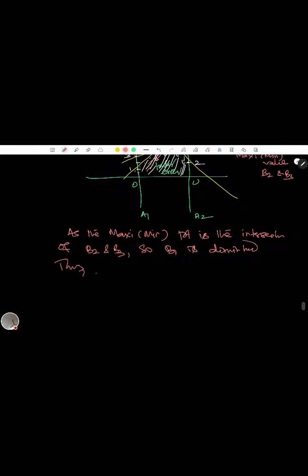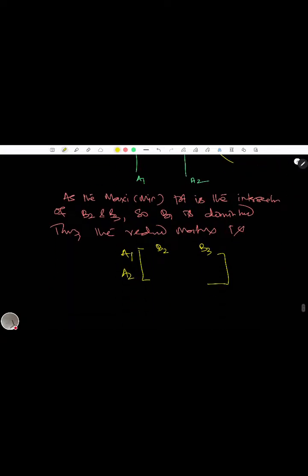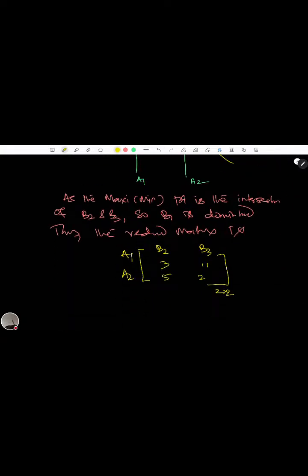Thus the reduced matrix is: A1 and A2 remain the same, but B1 is dominated, leaving B2 and B3. So it is 3, 11, 5, 2. Now it is a 2 cross 2 matrix of the form A11, A12, A21 and A22.